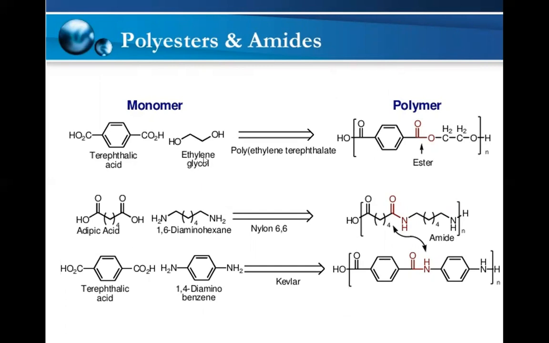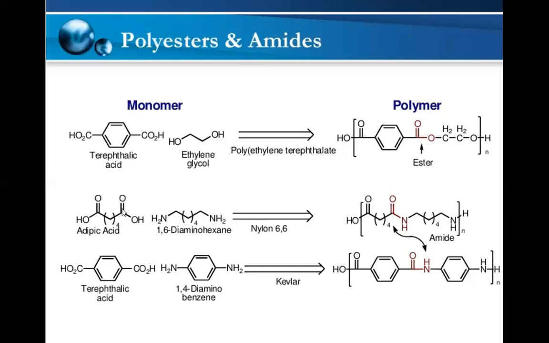These two undergo condensation and form polyethylene terephthalate. This is an ester linkage, COO linkage. In the previous slide it was an amide linkage, CONH, but COO is an ester linkage.